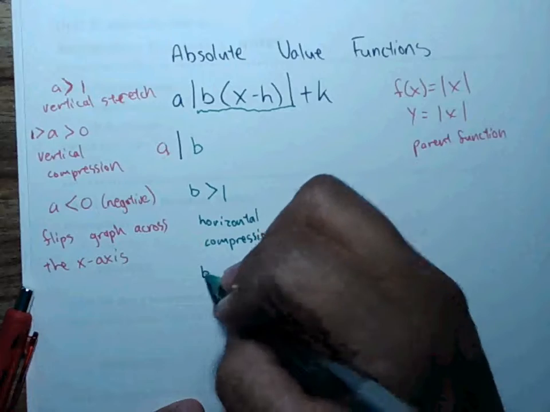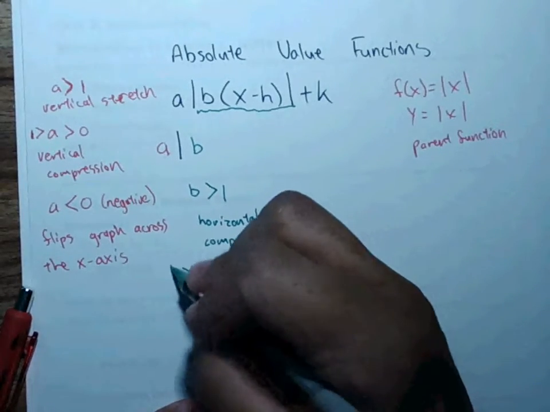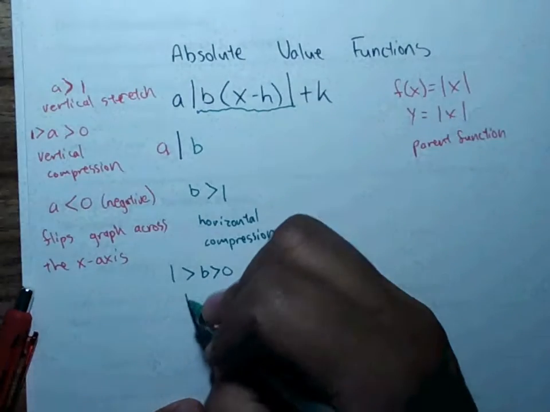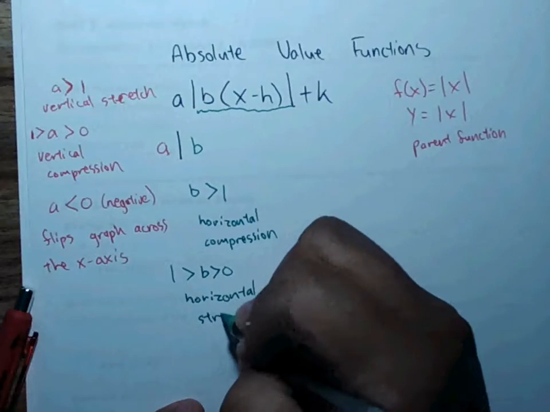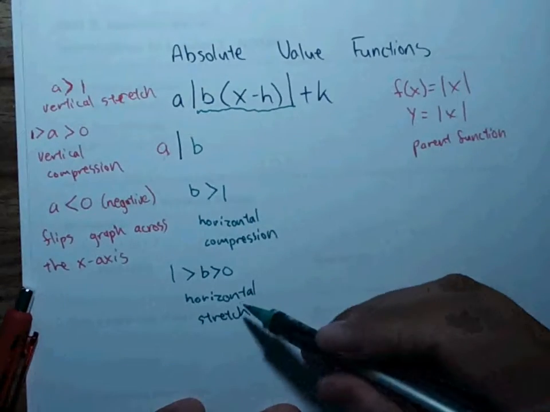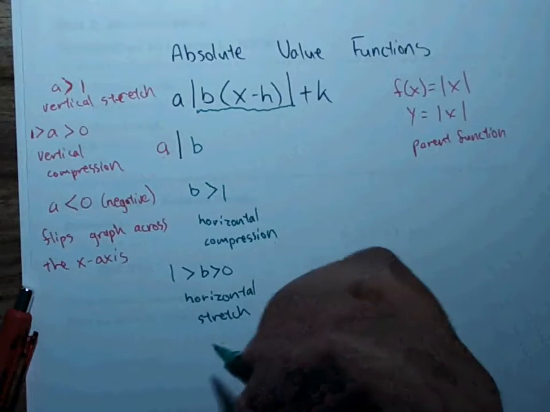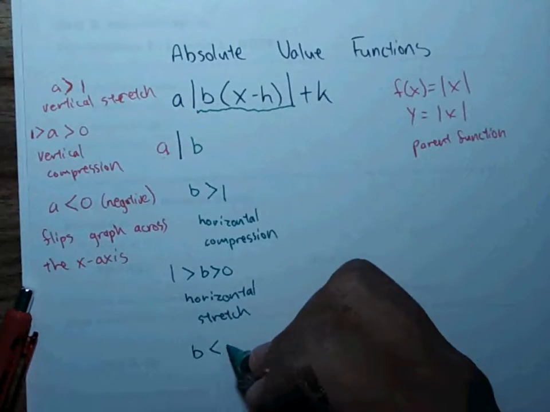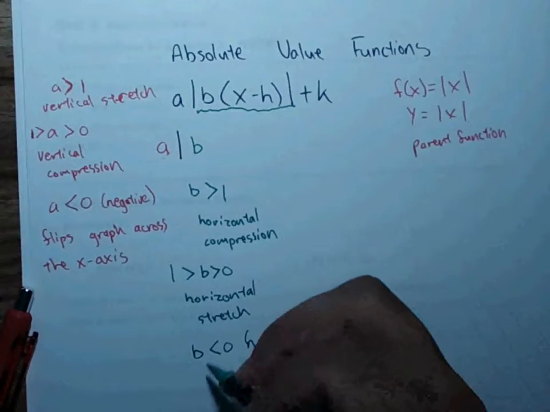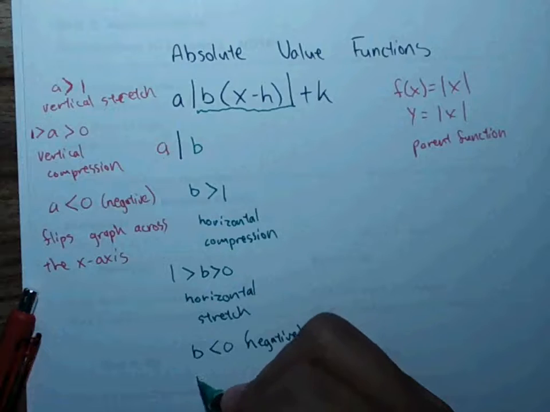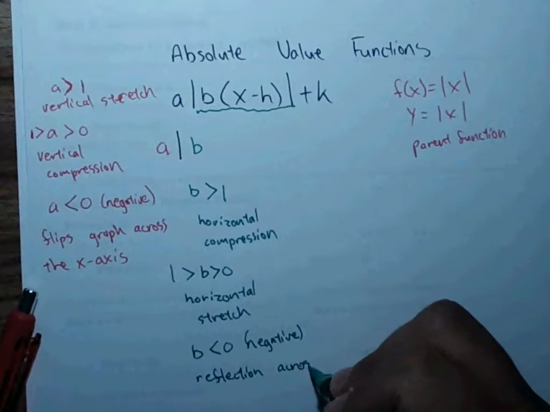If b is greater than 0 but less than 1, so if b is a fraction between 0 and 1, then it is going to be a horizontal stretch. And finally, if b is less than 0, meaning it is a negative number, it is a reflection across the y-axis.